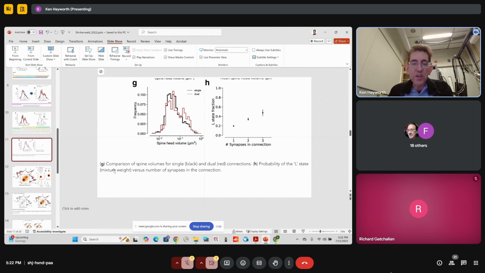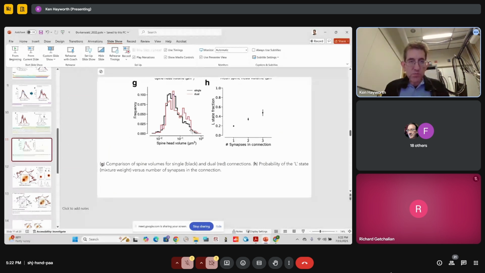They also take a look at, in G, a comparison of the spine volumes for single and dual connections. So the single connections, again, are in black here, and are smaller on average. And you can kind of see that there is no bump in the single connections.